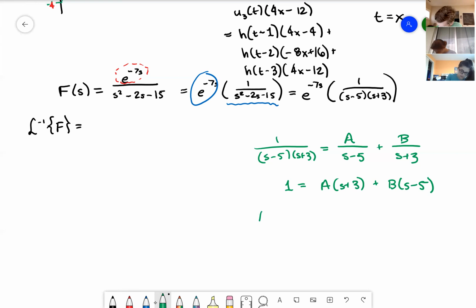So we get A plus B is equal to 0, and 3A minus 5B equals 1. And yeah, you just got to solve it. So everybody, do you agree with me up to this point? Okay.